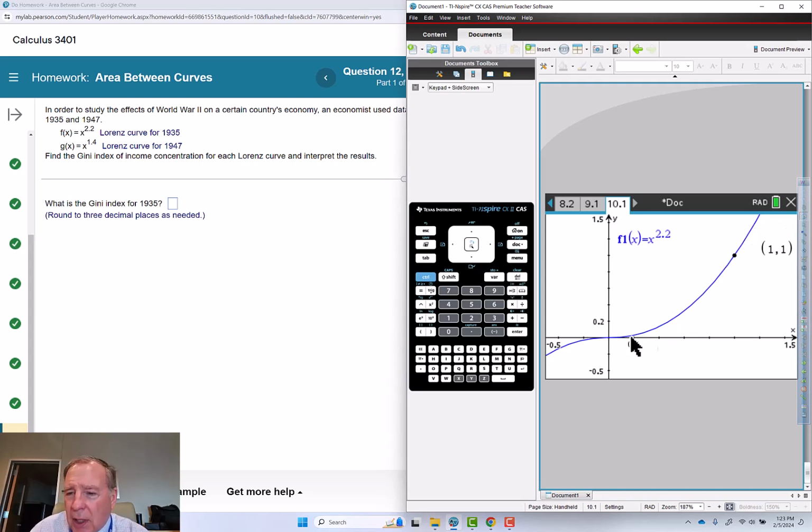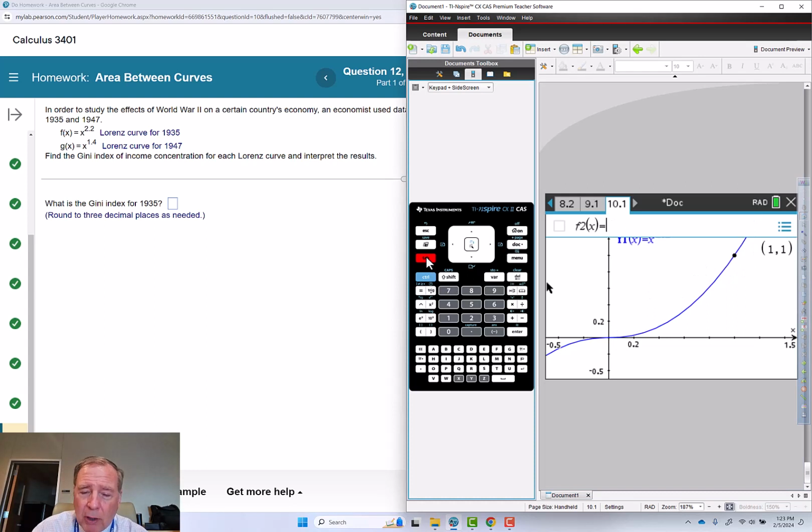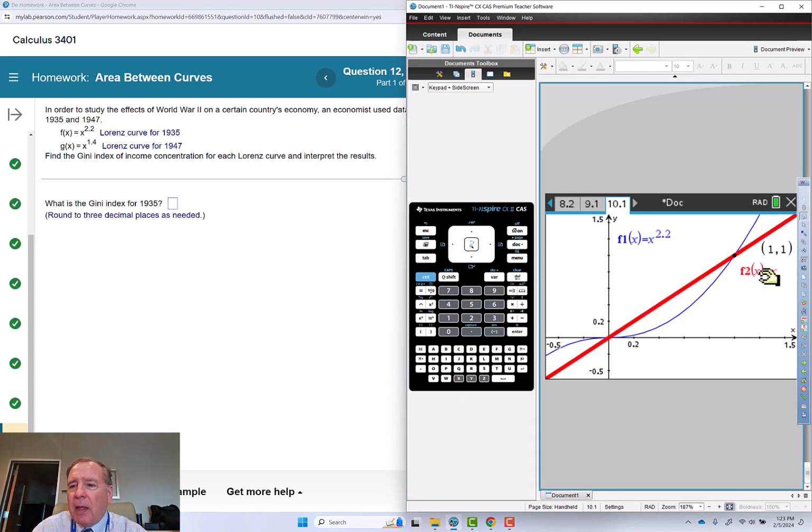So this line from 0, 0 to 1, 1 is going to be y equals x. There's my Lorentz curve. Now this y equals x is the perfect income distribution.